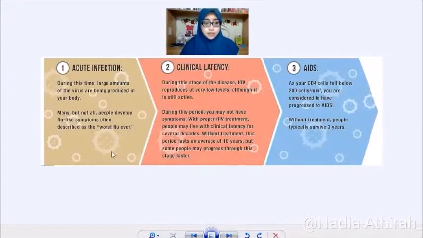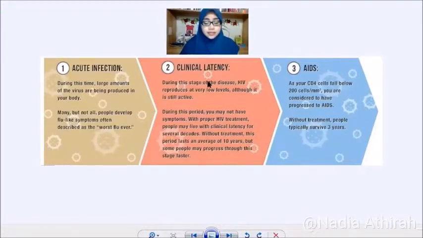During acute infection, the level of HIV in the blood is very high, which generally increases the risk of HIV transmission.